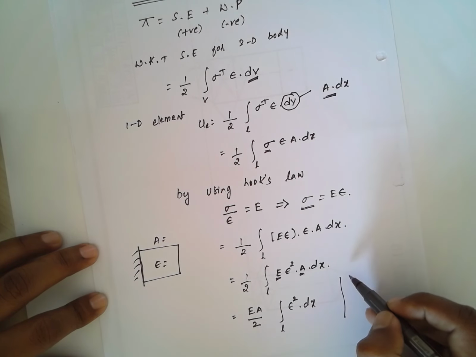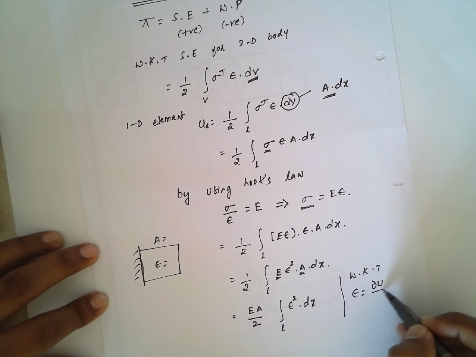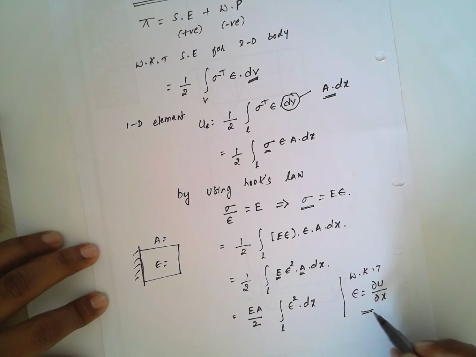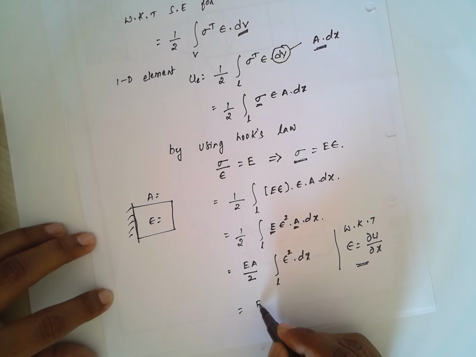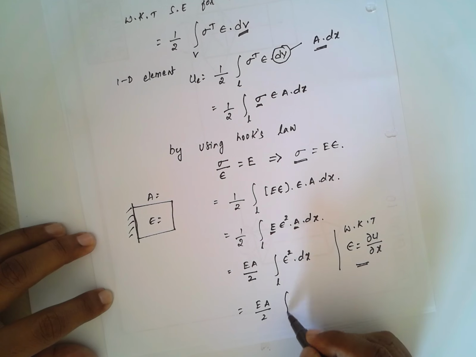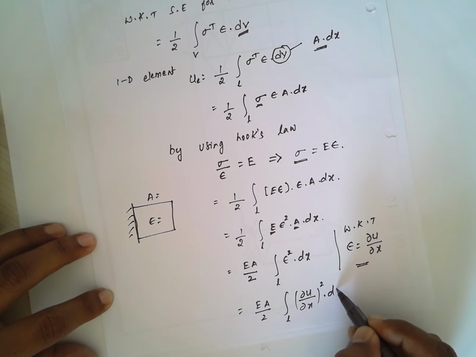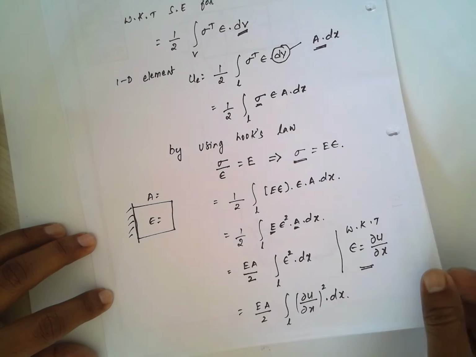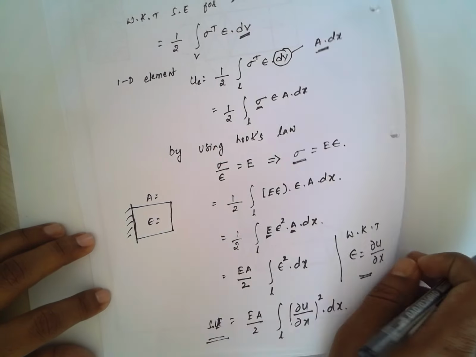And we know that the strain epsilon is nothing but dou u by dou x. Now this equation can be represented as EA by 2 over the length, dou u by dou x whole square into dx. This is the strain energy obtained for a one-dimensional bar element.